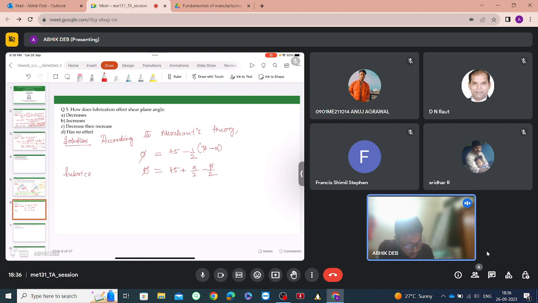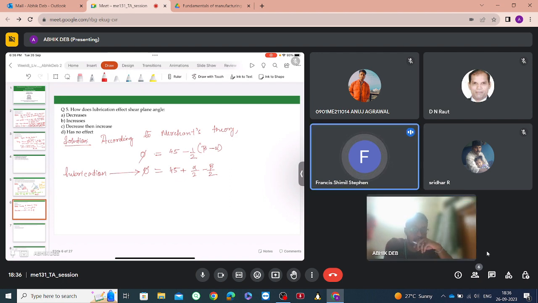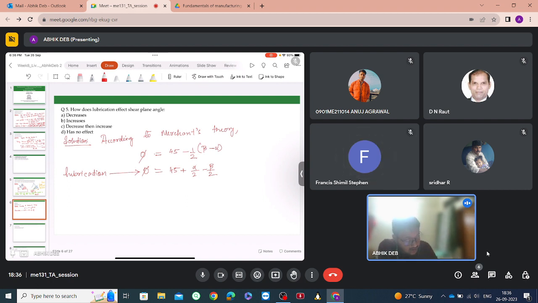Any intuition about this? Can you give me any idea about how the lubrication is affecting the shear plane angle? Sir, alpha is the rake angle. Yes, but alpha is the rake angle, right?